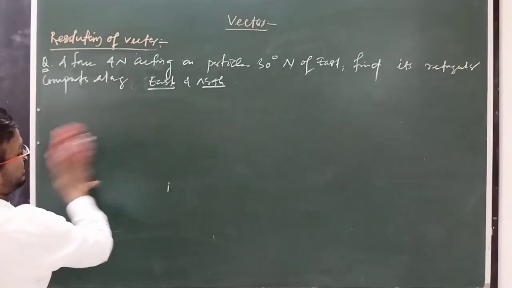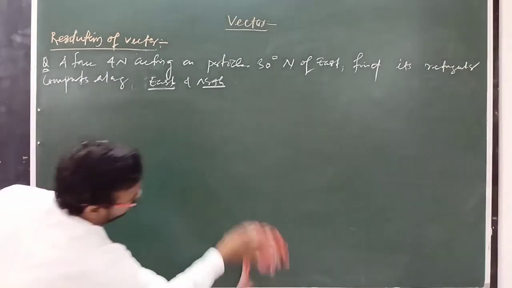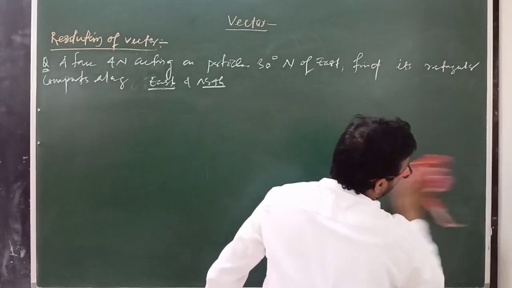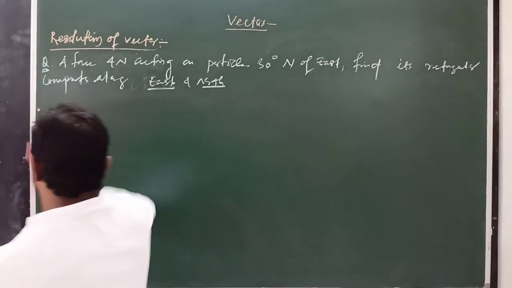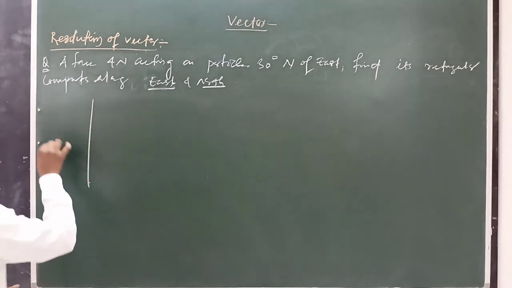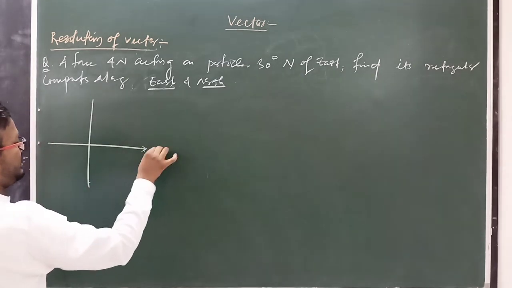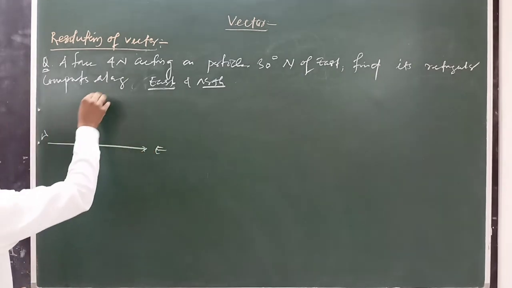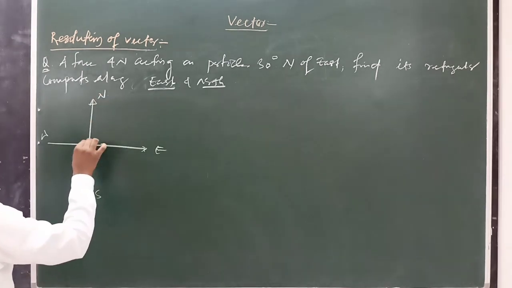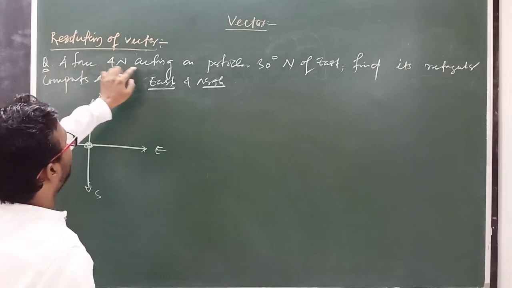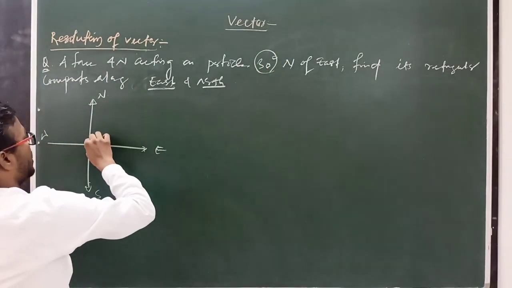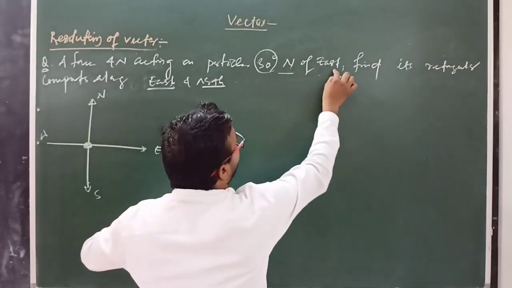How can you solve it? First draw the directions east, west, north, south, then represent the question here. Suppose there is a particle, with a force 4 Newton acting on it, 30 degree north of east.